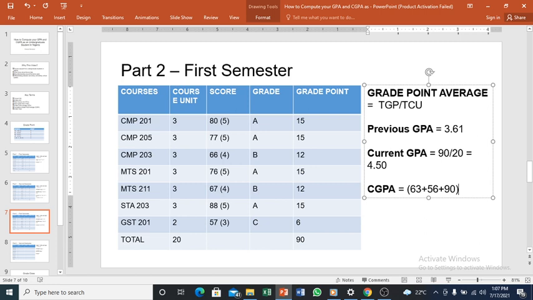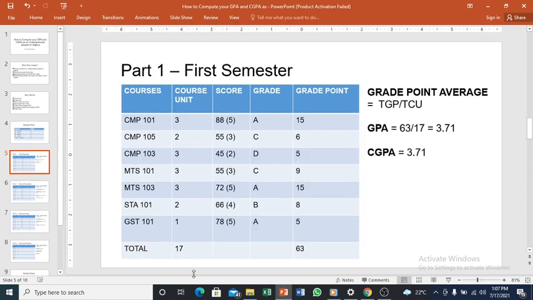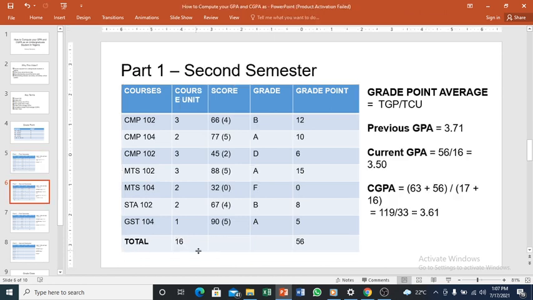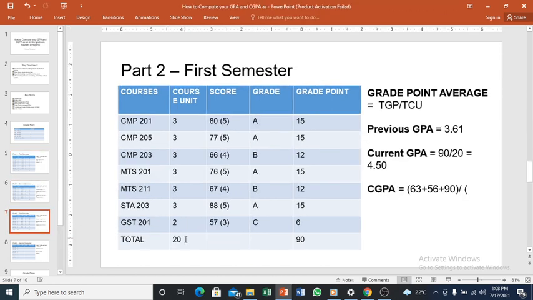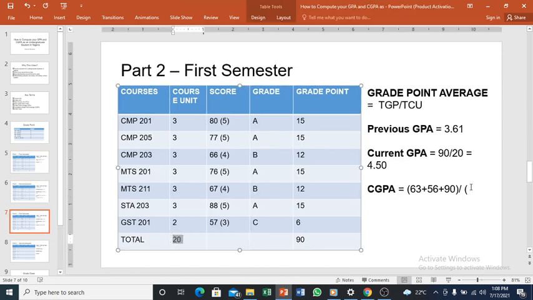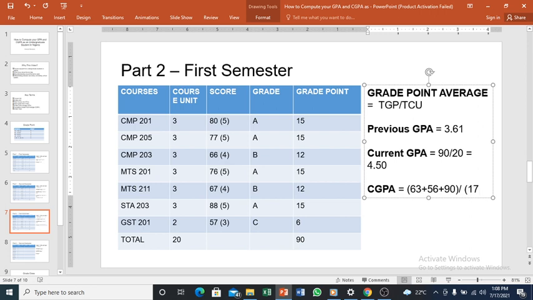All the total grade points in the past is what we use, divided by the total course unit from the past. We have 17 here, 16 here, and 20. So 17 plus 16 plus 20.